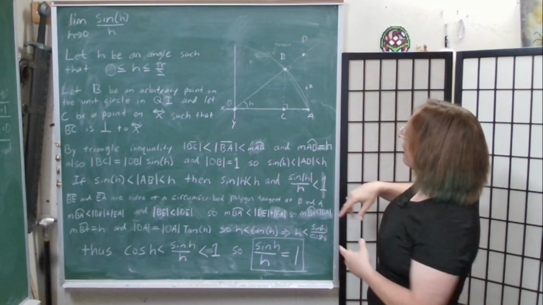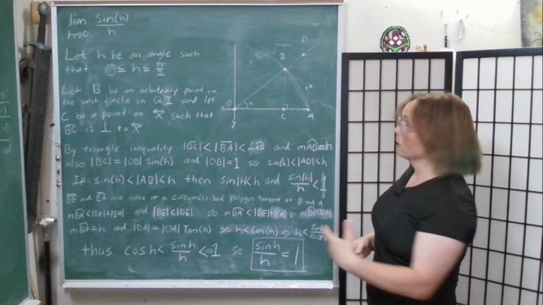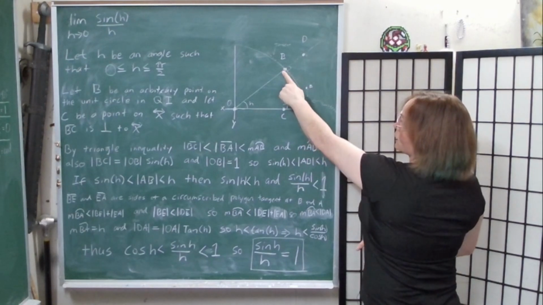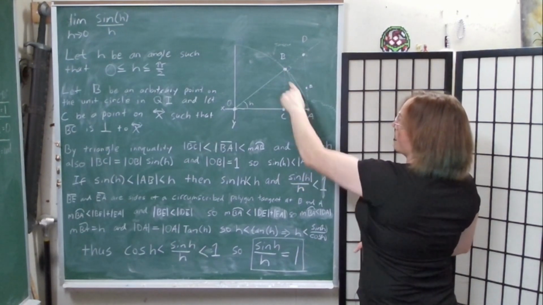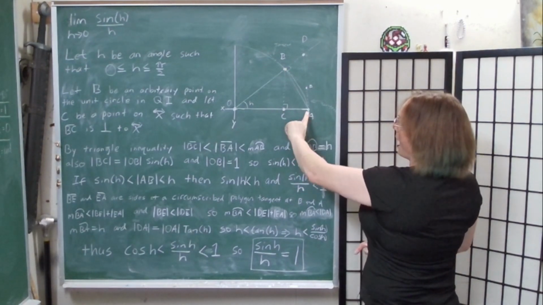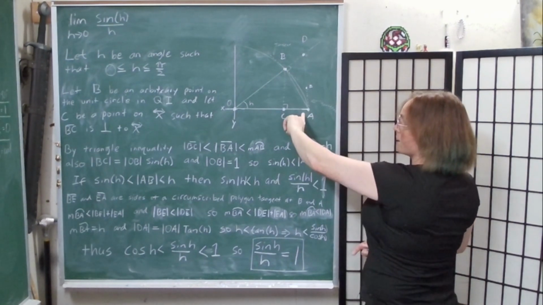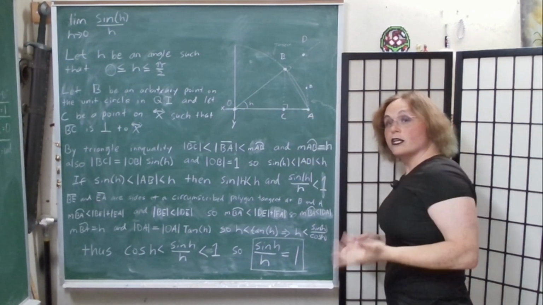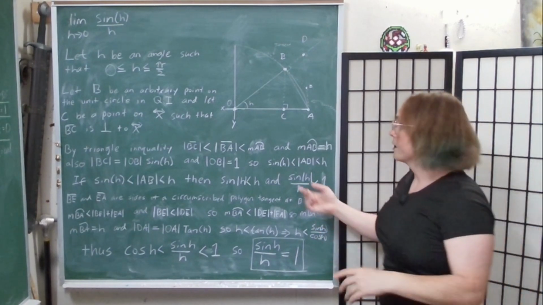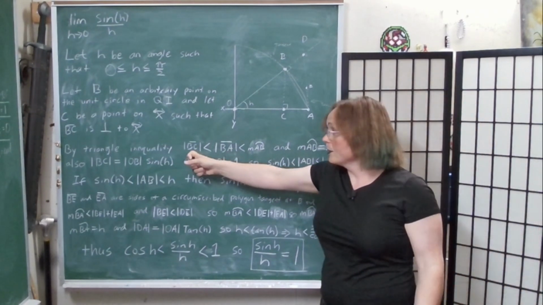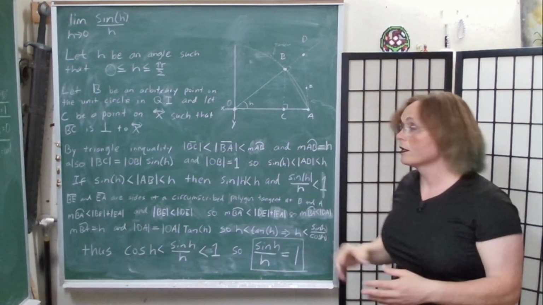So what this is saying is we have a triangle that's here. We're looking at this triangle ABC, and AB is the hypotenuse of this little right triangle. And in a right triangle, the hypotenuse is the longest side. So therefore, BA has to be longer than BC by the inequality theorem.